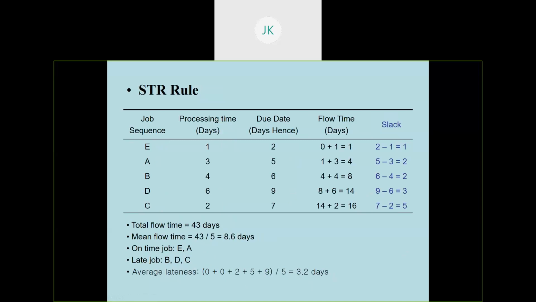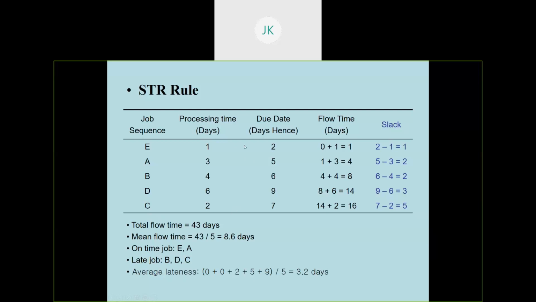And the STR rule, using the slack time. For this one, processing time is 1, due date is 2, so the difference is 1. The differences are 2, 2, 3, and 5.